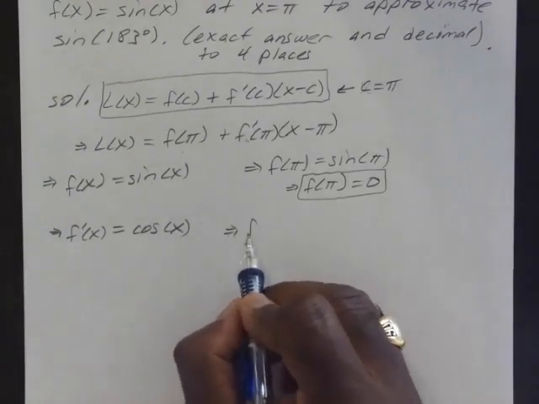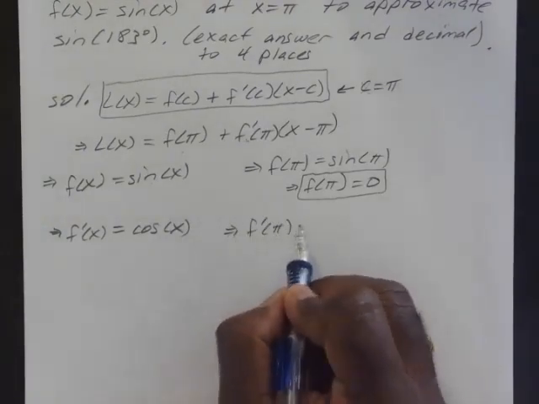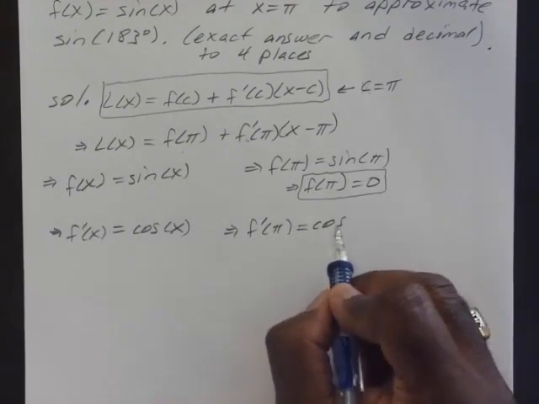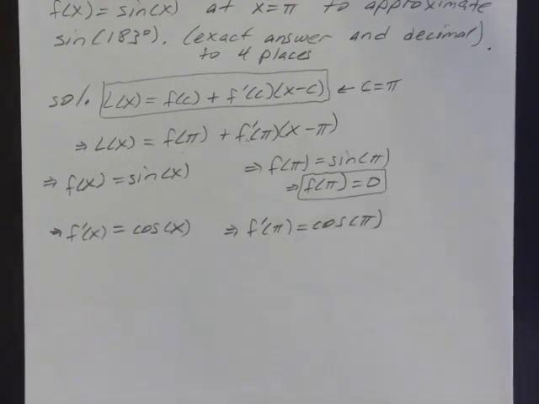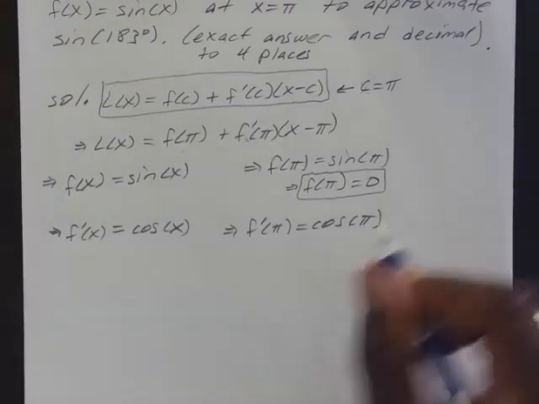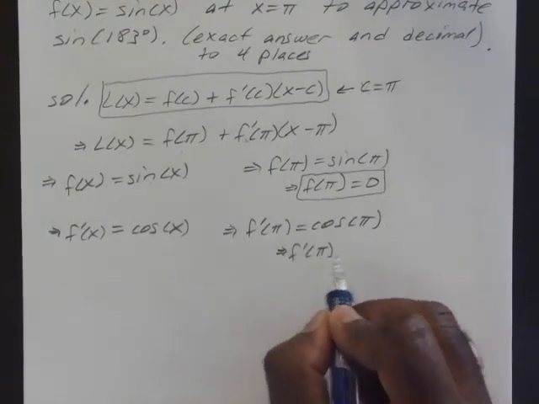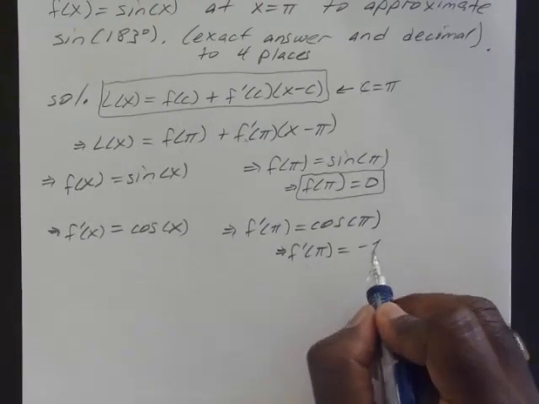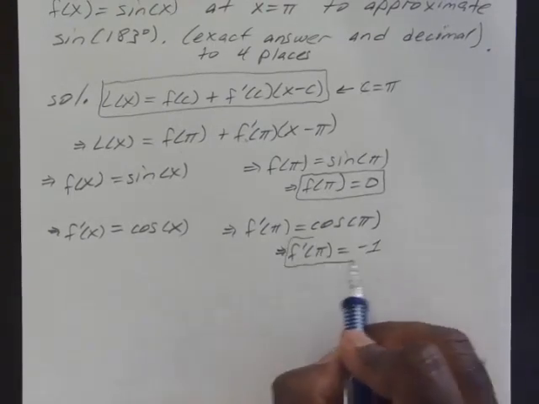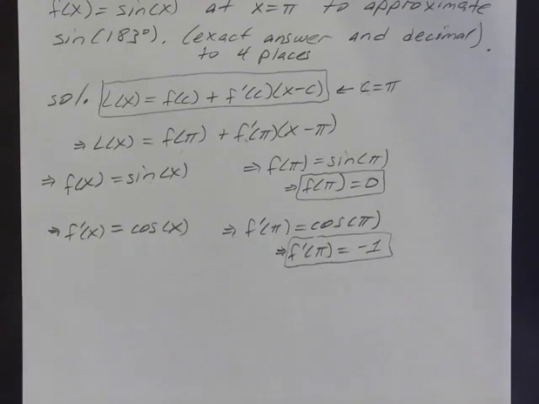Which means that f prime of pi is just cosine of pi. And cosine of pi is -1. So f prime of pi is just equal to -1.